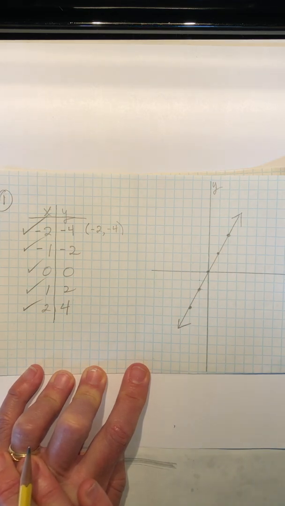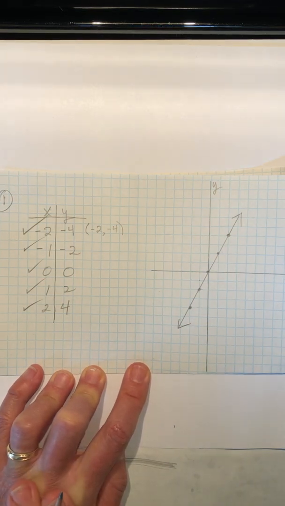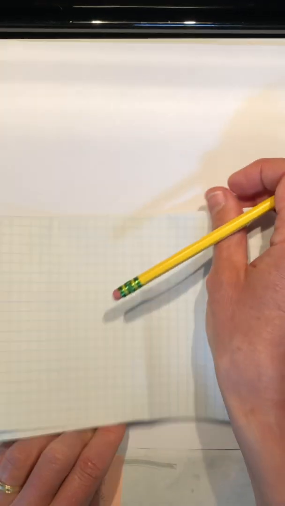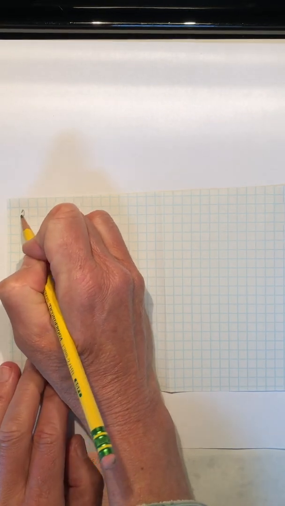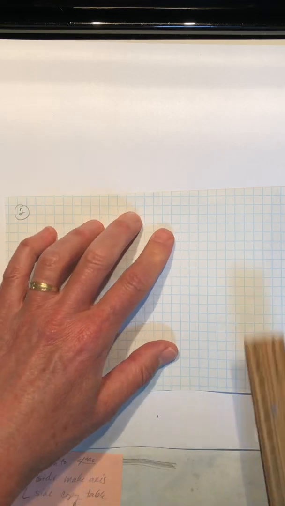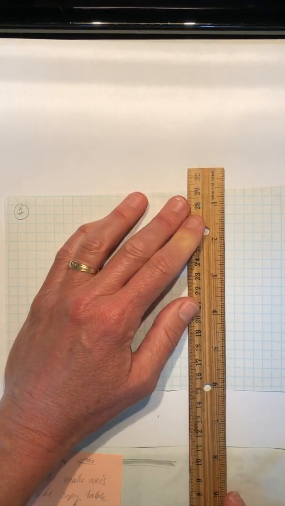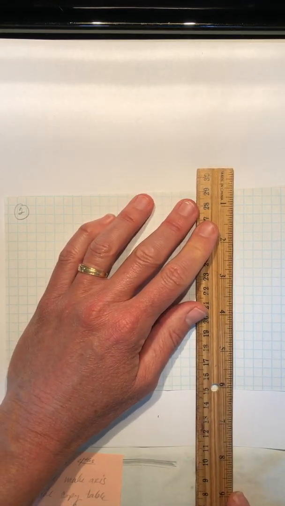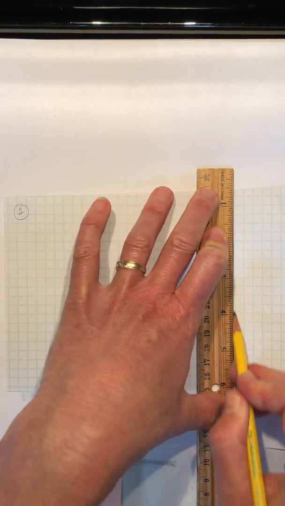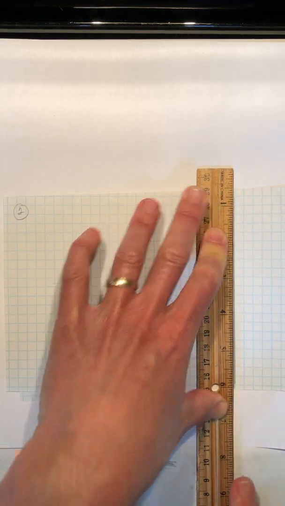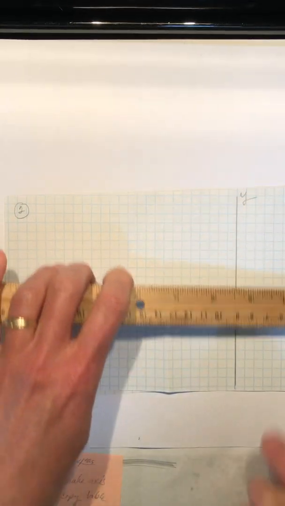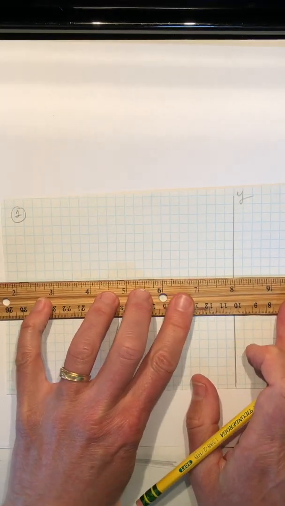All right, let's do another one together. Where is my table that I wanted to use? Let's do number 2. And I am going to ask you to start by drawing in your axes. Again, you're staying right on those blue lines, kids. Otherwise, it's impossible to accurately plot the points. Here's my y-axis and my x-axis.